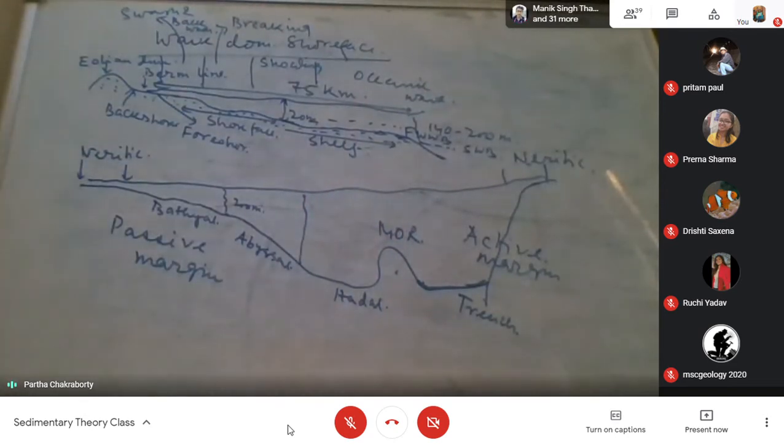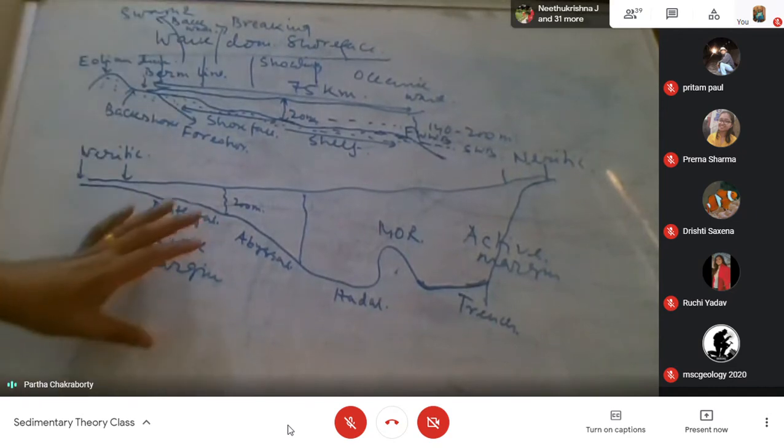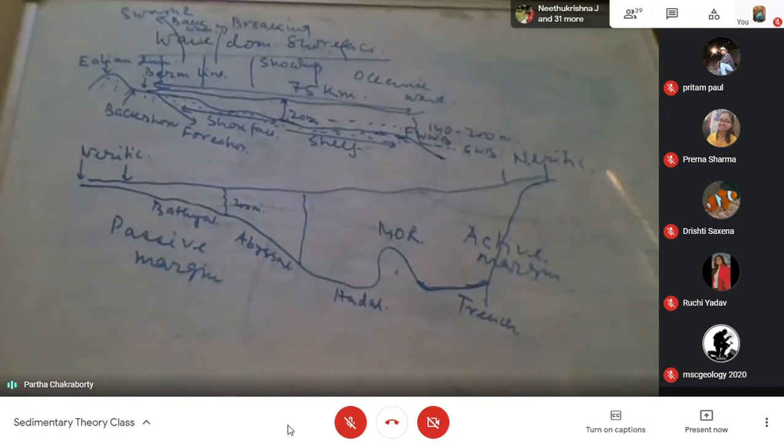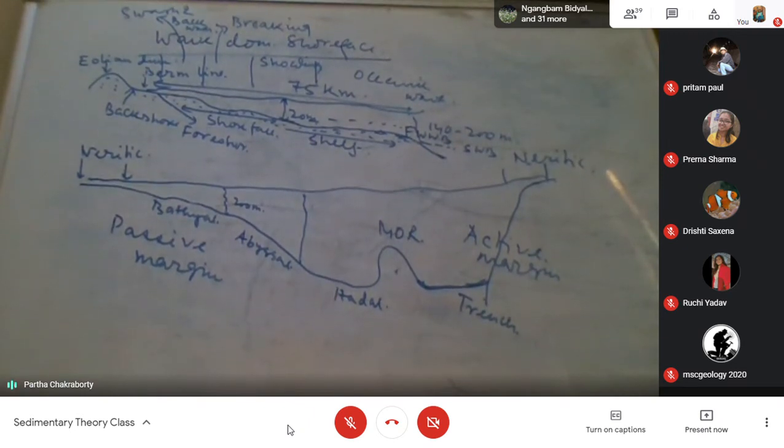So the margins are completely different. What we have drawn in the upper figure is a picturization of this passive margin setting, where you have a well-established near-source situation. You may not get it properly in an active margin, where it is a very high gradient system.